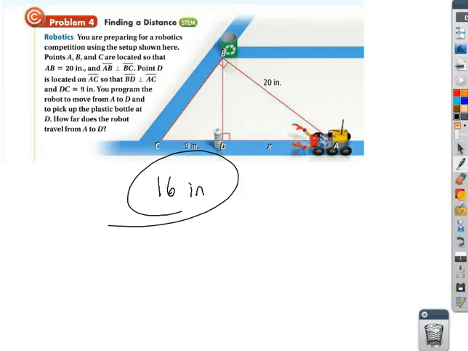Now you've got to make it move 16 inches. Yeah, and I bet there was another problem in the book where after it turned, we had to decide how far it went here. And so knowing that this is 16, now you could do heartbeat with 9 and 16. All right.